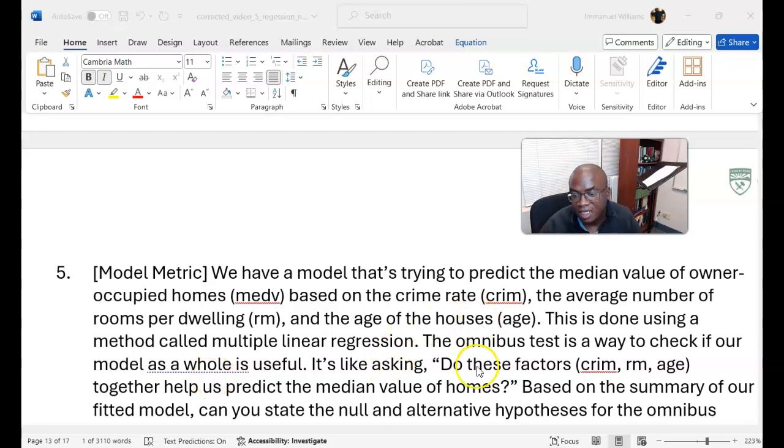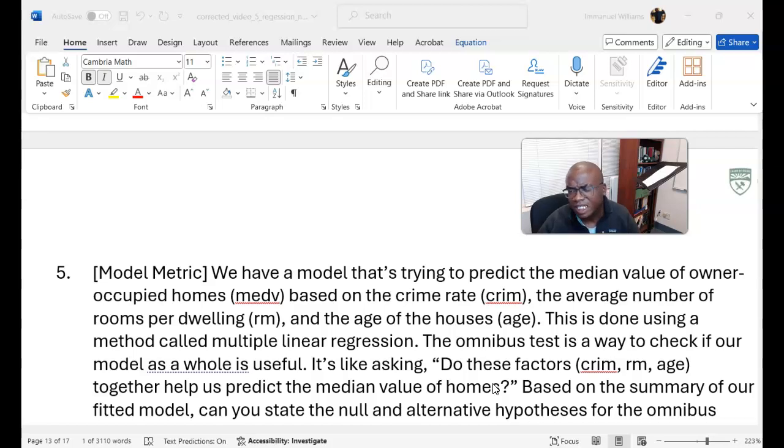It's asking, do these explanatory variables together help predict the median value of homes? So in a way, this is kind of like an ANOVA test where we're seeing if any of the explanatory variables has a linear relationship with the response variable, or in one way ANOVA, you just want to see if one group is different from the other.